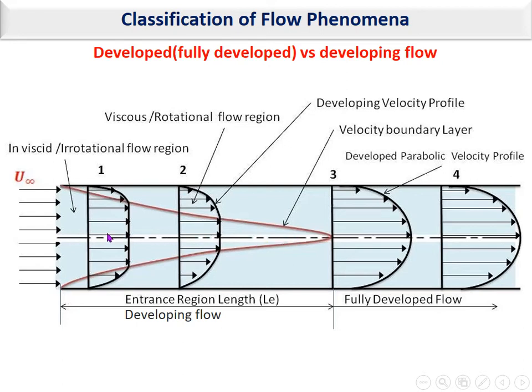But here, as you can see, the velocity is changing. From point 3 to the right, the velocity does not change. So, an important conclusion here is that in the fully developed flow, the flow is uniform, while in the developing flow or entrance region, the flow is non-uniform.